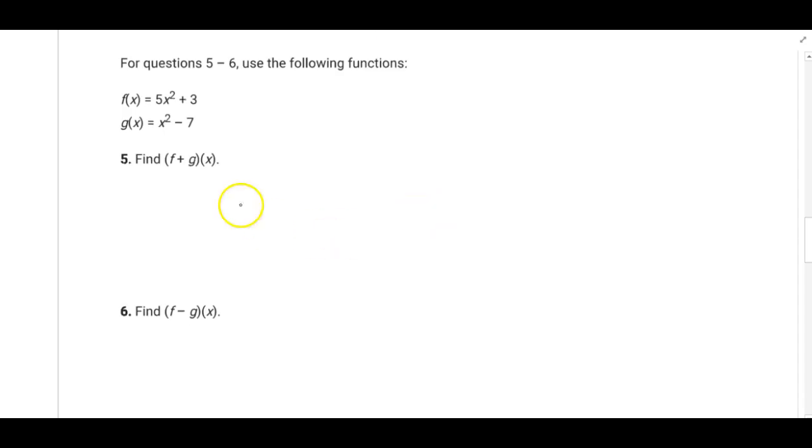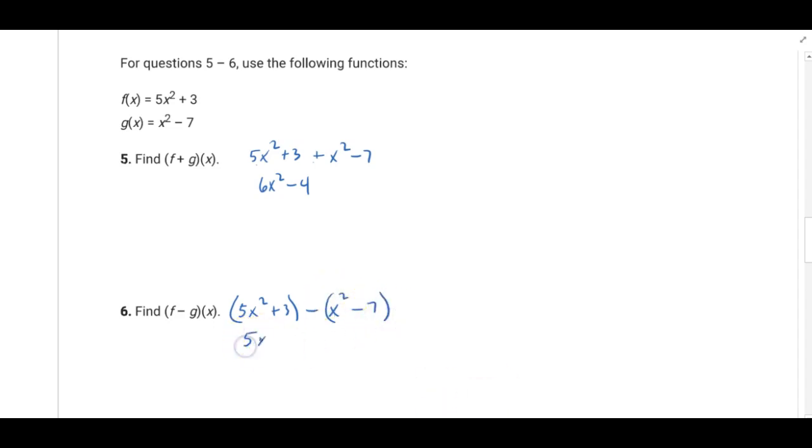Then here you would have 5x squared plus 3 plus x squared minus 7. So that would give you 5x squared, and x squared would give you 6x squared minus 4. Then the next one, 5x squared plus 3 minus x squared minus 7.